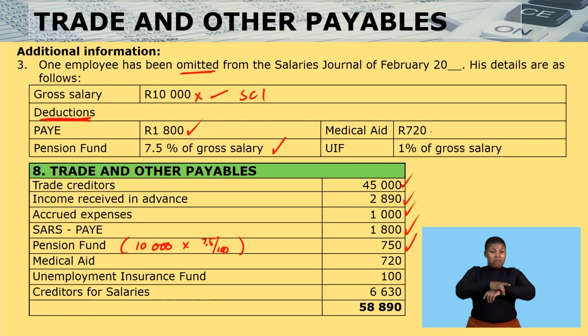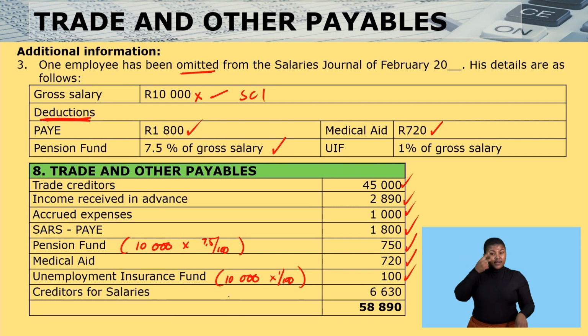The next one is medical aid. I don't need to do any calculation on medical aid. I have my 720. Then lastly, it is UIF, Unemployment Insurance Fund. Then I'll say 1% of the gross. So I'll take my gross again, which is 10,000. And 1% of that will give me 100. So I have it here.